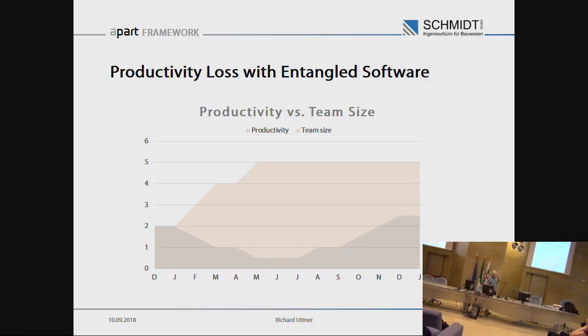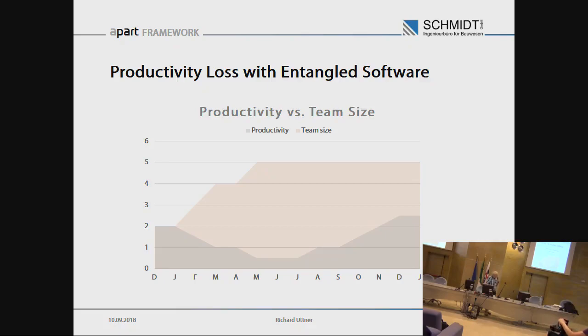Let's assume the left part of the diagram we do not see is something over 1 or 2 years where a team of 2 guys implemented something and they were quite productive. It was a small team, they talked to each other and they had the same idea how to implement software and how to maintain this over time.